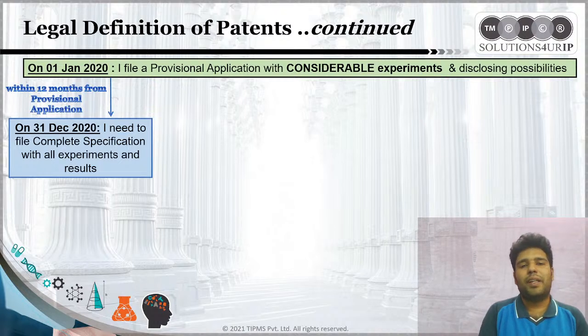Still now you have not made any PCT patent application, but after you have filed a complete specification, your patent agent suggests, sir, you should also consider filing the patent application under the Patent Cooperation Treaty. Now, what is Patent Cooperation Treaty and all, I will explain later.